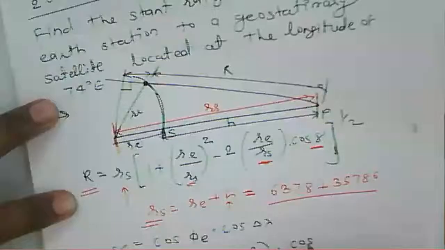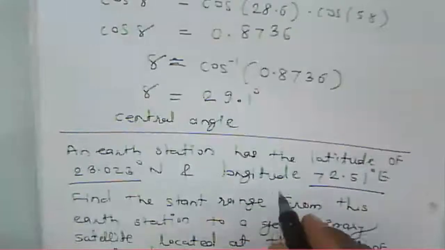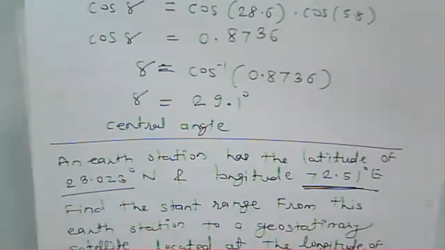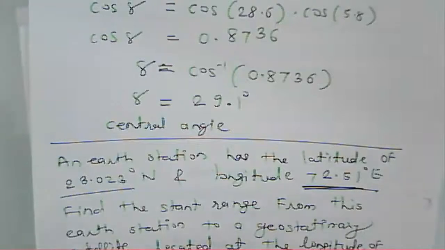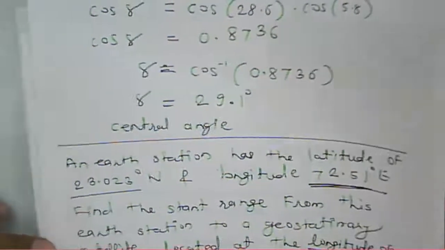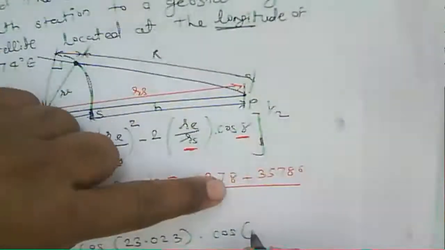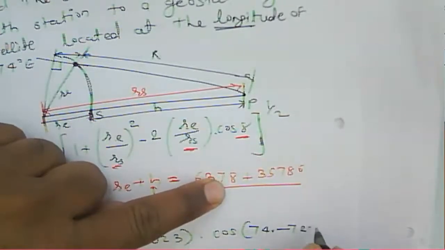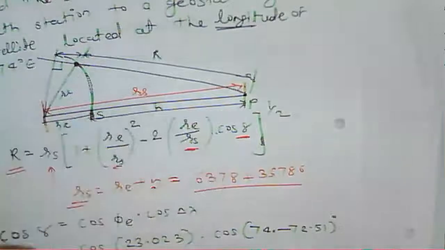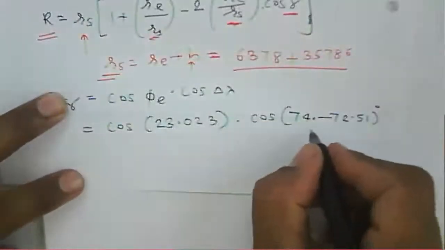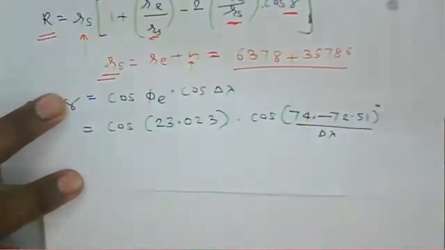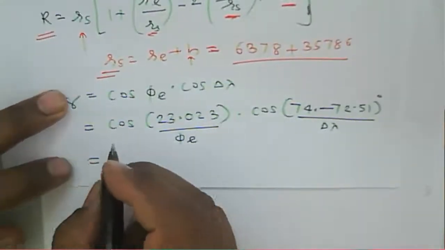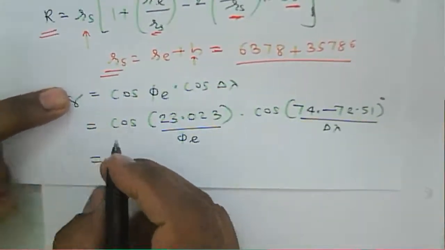Then delta lambda is the difference between the longitudes of the satellite and the earth station, that is 74 degrees minus 72.51 degrees. So after solving, we'll get the cos of gamma term.